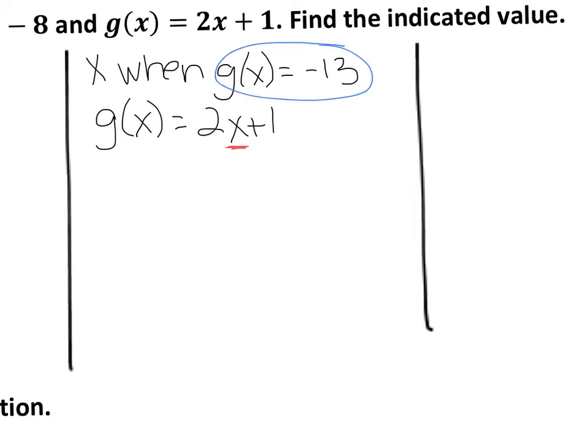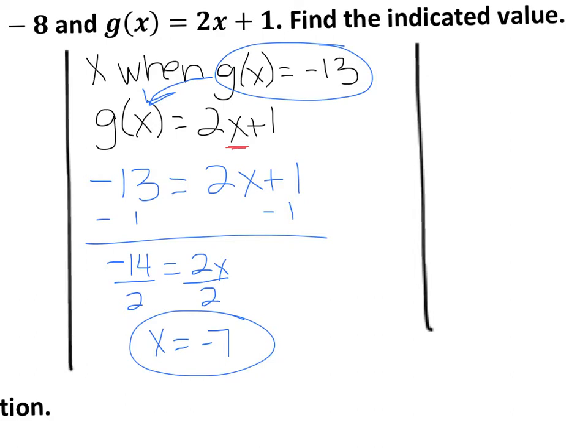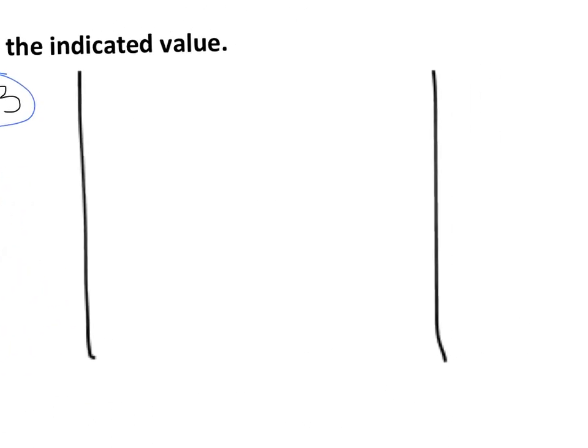G of x equals negative 13. So I'm going to rewrite my equation, but instead of g of x, I'm going to write negative 13. And then the rest of the equation just stays the same. Well, look, it's just a 2-step equation. Solve for x, I would subtract 1 from both sides. Negative 14 equals 2x. Divide by 2, so x equals negative 7. So really just plug in values in for x or for g of x.